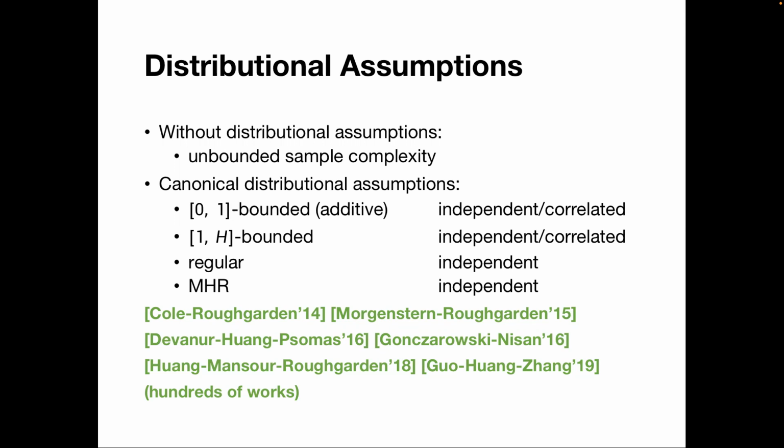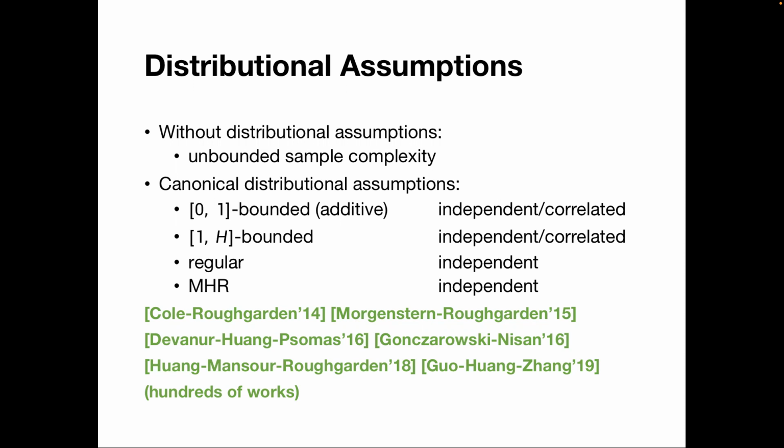The third and the fourth settings are about regular distributions and MHR distributions. These are two technical assumptions about single-dimensional value distributions.